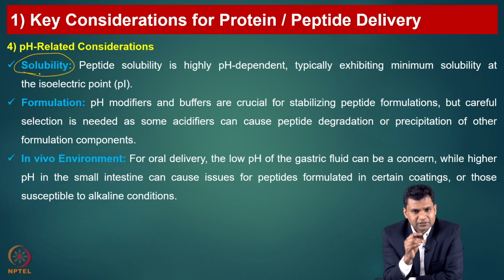As we know, solubility is directly dependent on the pH. Even on the pharmaceutical platform, drugs can be classified into two categories, weak acids and weak bases, and for these two categories of molecules the solubility is dependent on the pH, right.